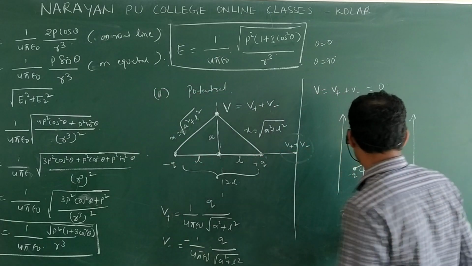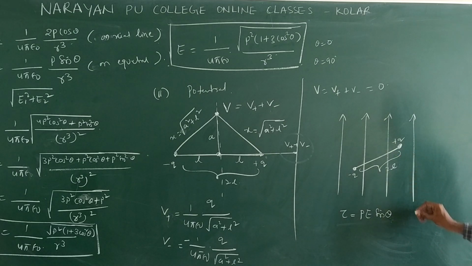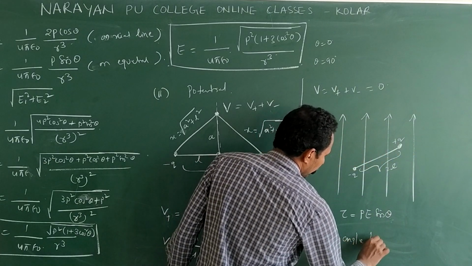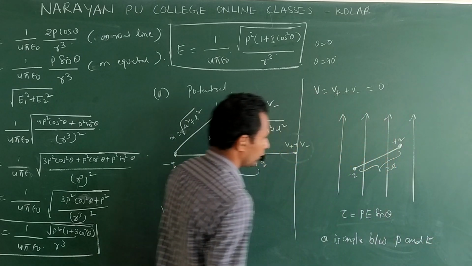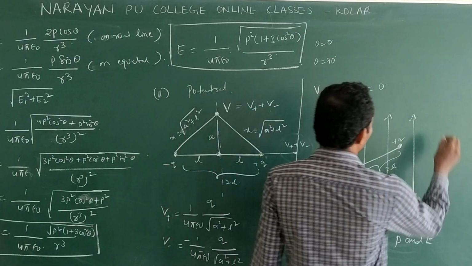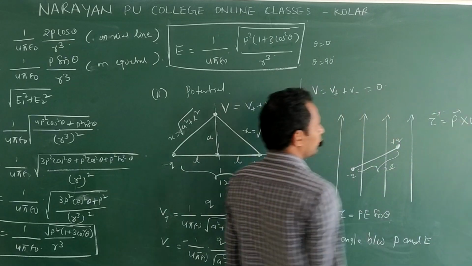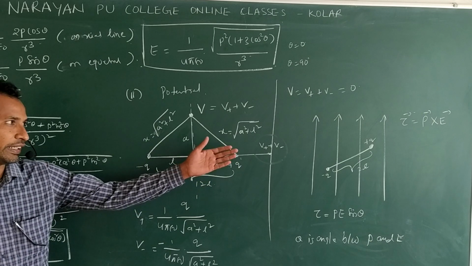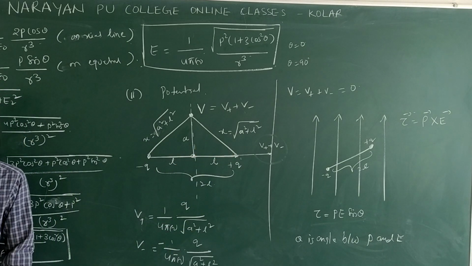This angle θ is the angle between the dipole moment P and the electric field E. If they ask for the vector form, τ = P cross E. Clear? Remember, sometimes we do expect the direct form. What is the vector form of the torque? P cross E.